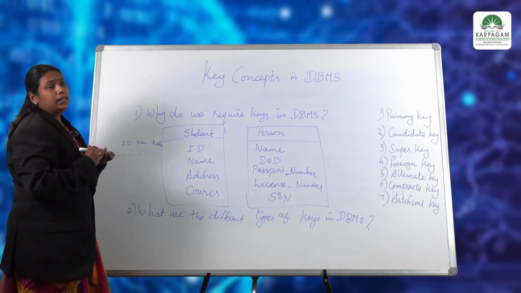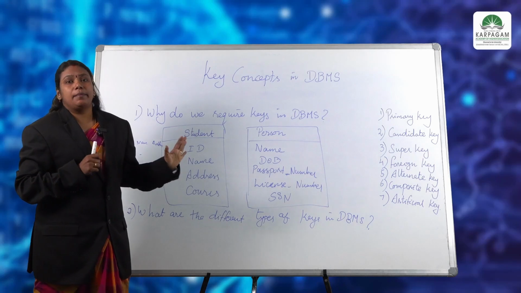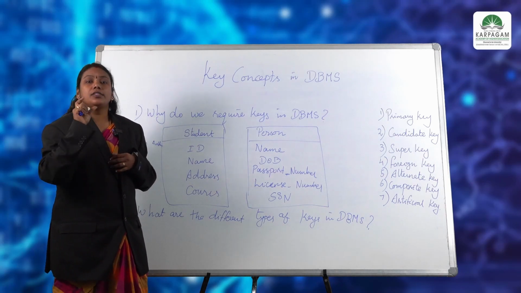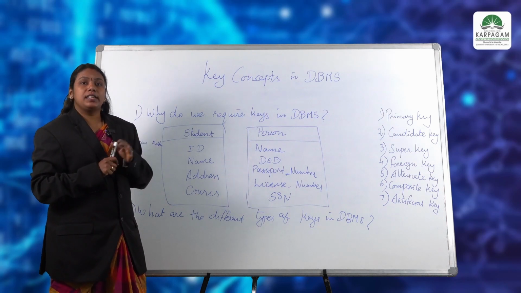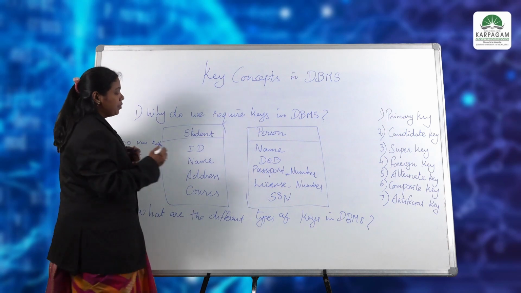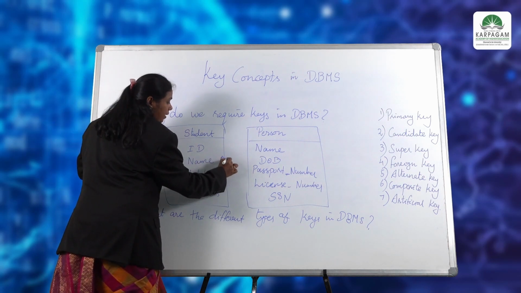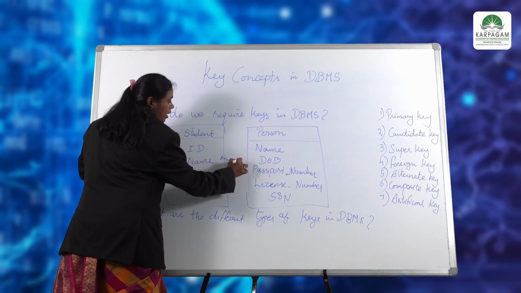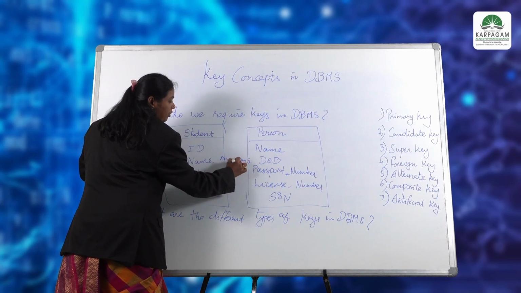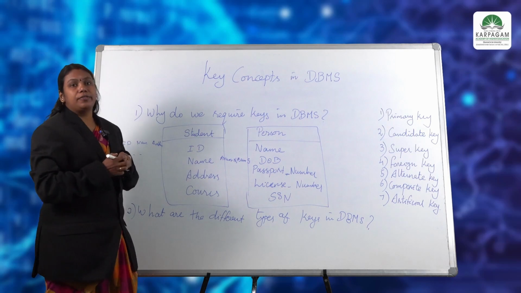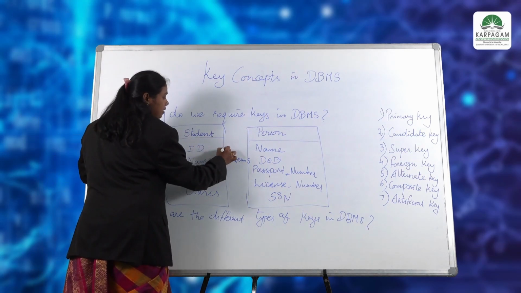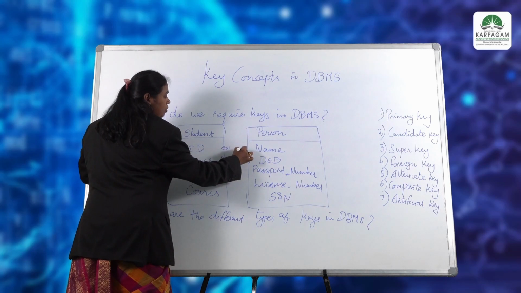How are keys set in the table? First, we need a unique representation of the student, which means the student ID. For example, Arun is there and Arun S is also there. There are two different initials with the same name, but the IDs are 001 and 002.